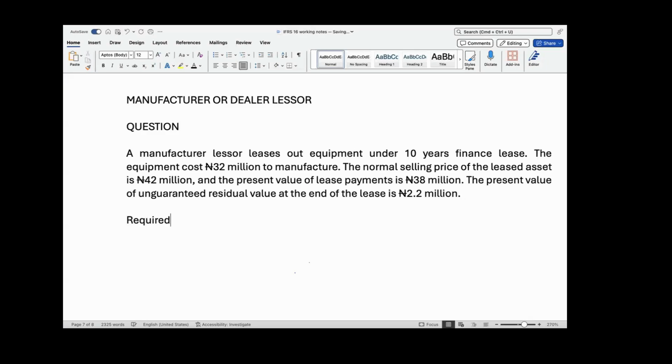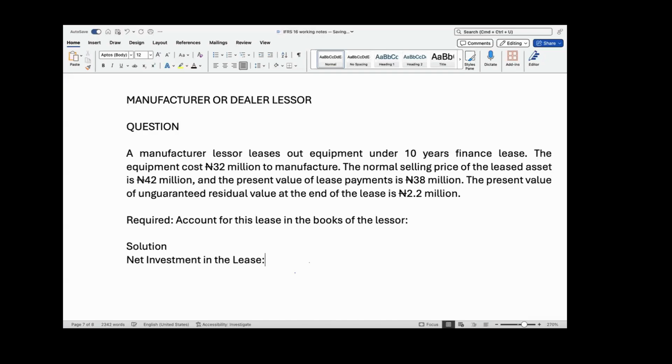So, required: account for this lease in the books of the lessor. Now, since this lessor is a manufacturer lessor, it means that in addition to net investment in the lease, it must also determine gross profits.